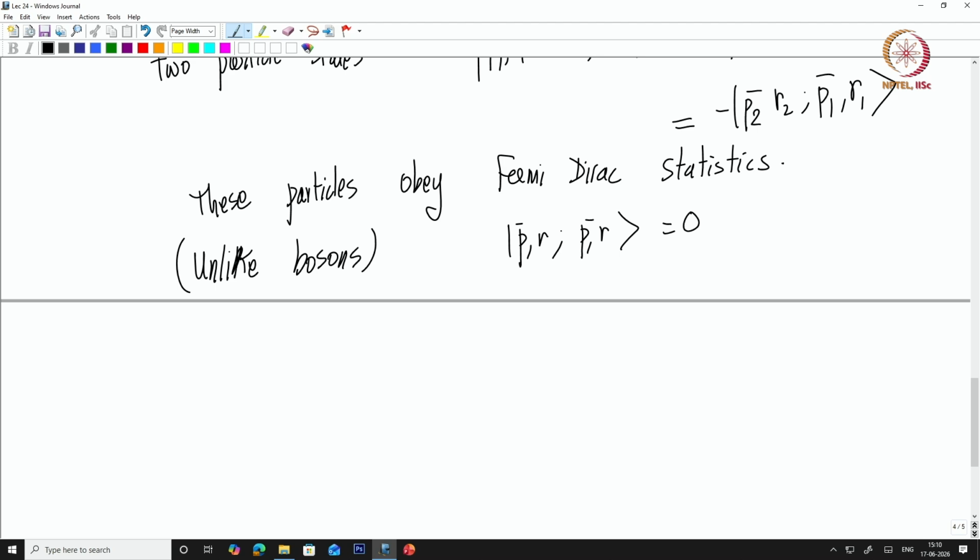That is not possible with fermions. You need to have at least one of the quantum numbers different. Unlike bosons, you cannot put any number of particles with the same spin or same momenta into the same state. So this is clear: fermionic n particle states are different compared to bosonic n particle states.